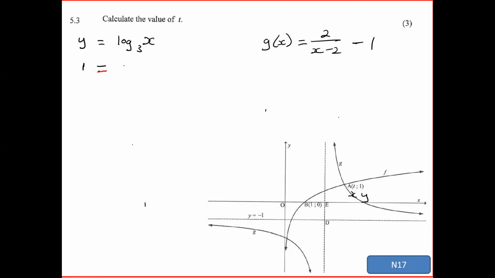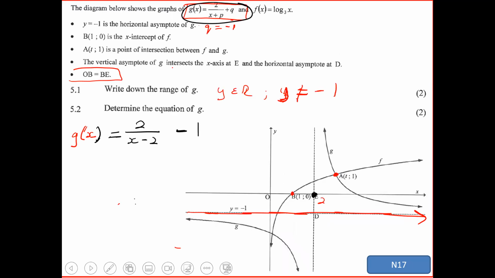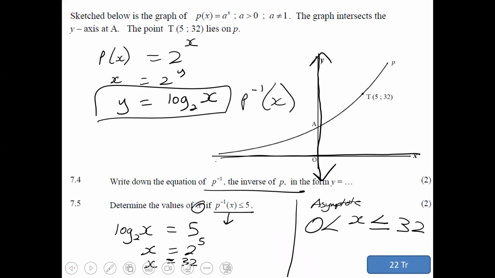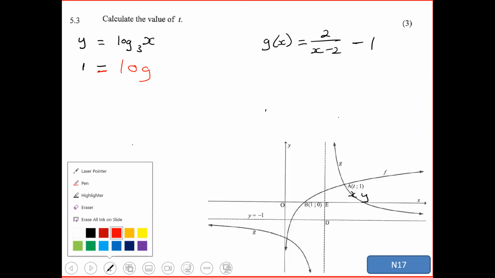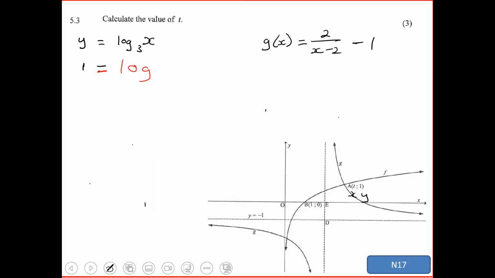Where we had x, we represented it by t, with base 3.